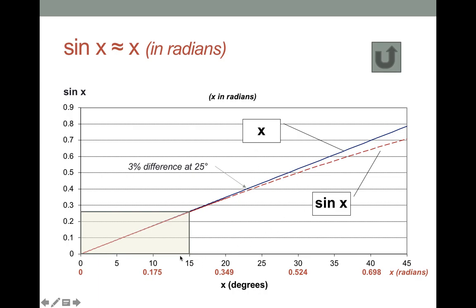Up to about 15 degrees, the two curves pretty much align exactly. They begin to diverge a little bit at around 20-25 degrees, but even then, the difference is only about 3%. So for small angles, the sine of x is very close to being equal to x. And that is what we're going to take advantage of.